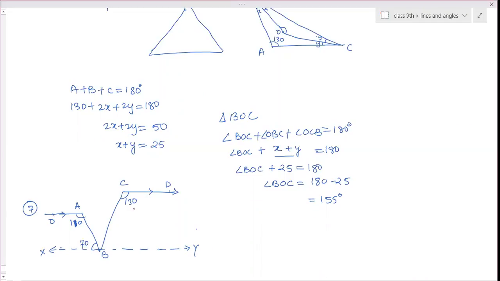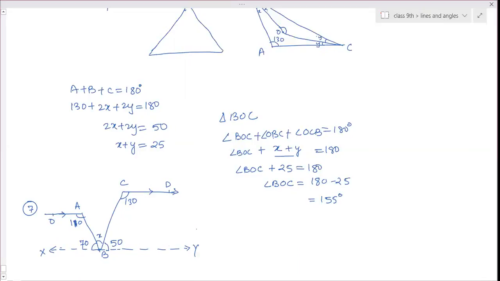And same like here also, angle DCB plus angle YBC is equal to 180 degree, co-interior angle. And then this angle will be 50 degree. Then we can name A, B, C, X. XY is a straight line, already given.